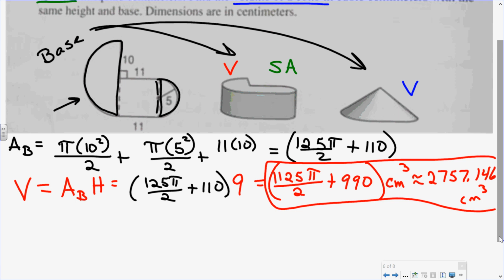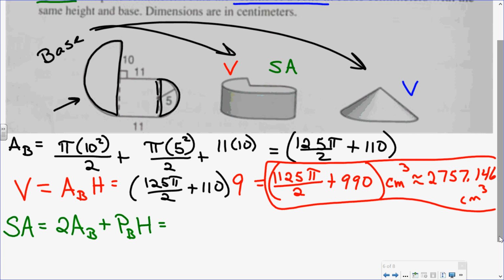So let's go on to surface area now. So let's see, surface area, I've got 2 bases. And then I need the lateral surface area, which is the perimeter of the base times the height.